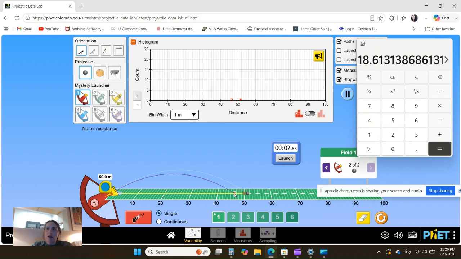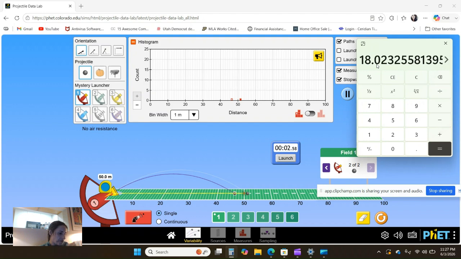So on the calculator, I'm going to take 46.5 and divide that by the time, in seconds, so that meters per second is the velocity. And I got 18.02, rounded to 2 decimal places.